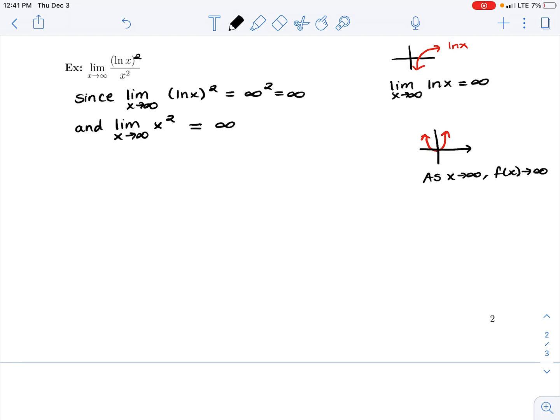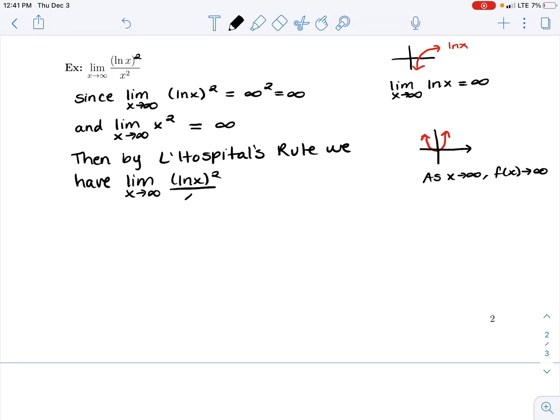And so we can use L'Hopital to come to this conclusion. So then, by L'Hopital's rule, we have the limit as x approaches infinity of this is equal to the limit as x approaches infinity of the derivative of the numerator divided by the derivative of the denominator.